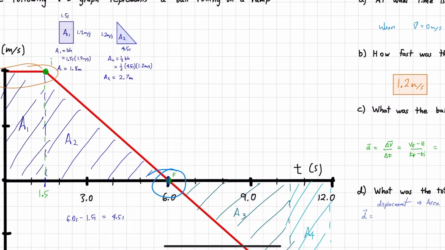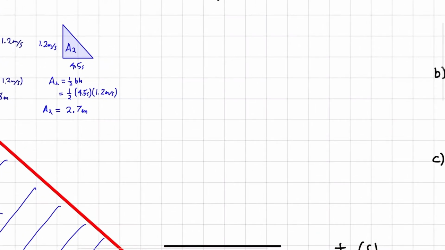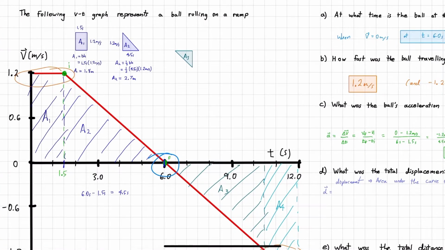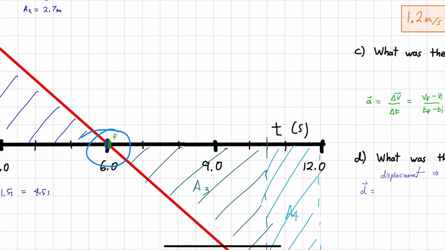Now let's do A3. It's the same triangle, upside down. There will be an important step for us to catch here. So this mark here is halfway between 10 and 11, so it's 10.5 seconds. 10.5 seconds minus 6 seconds is equal to 4.5 seconds for our base.